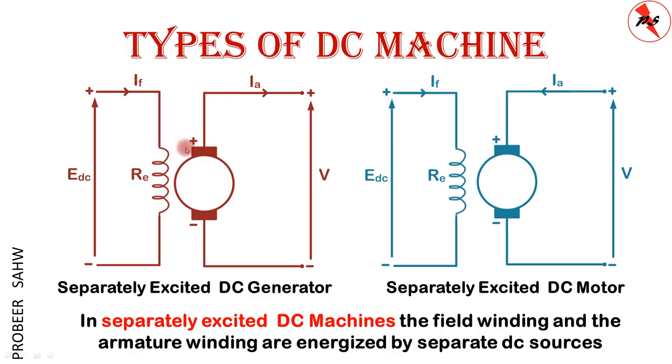So this is the armature of the DC machine and this is the field winding of the DC machine, which is excited by a different source. Similarly, in a separately excited DC motor, we supply DC voltage to the armature and we supply a different DC voltage to the shunt winding.